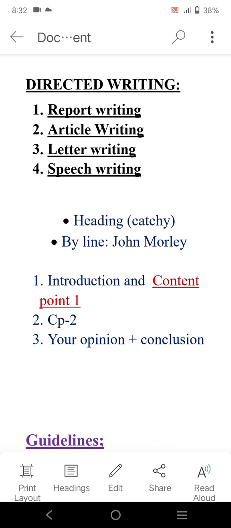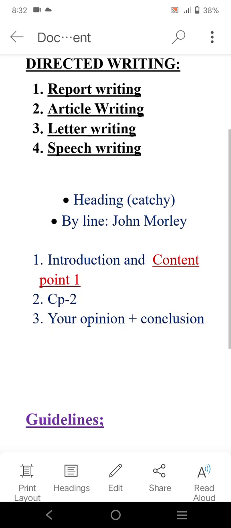After reading the whole thing and the question, you will see content point one, which you should read thoroughly. First comes a small introduction to give a small outline of what the text is about.